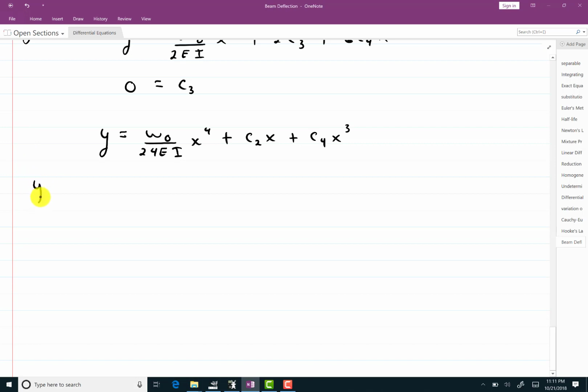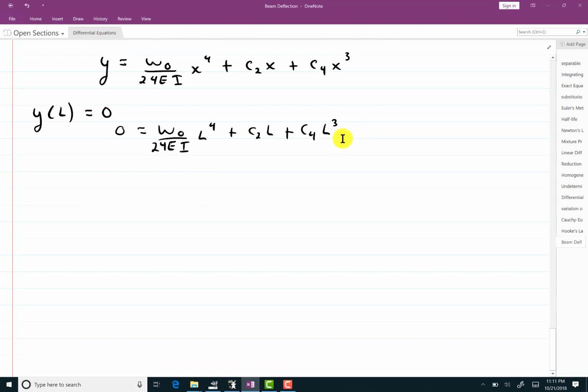We have y of L equals 0. So let me replace x with L, and I get 0 equals w naught over 24EI L to the fourth plus c2L plus c4L cubed.